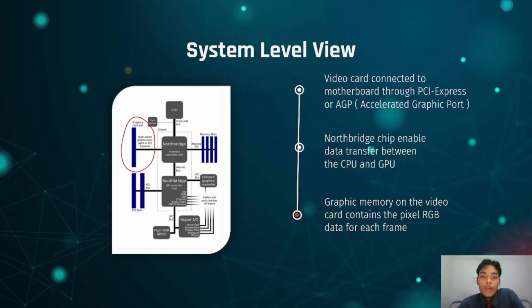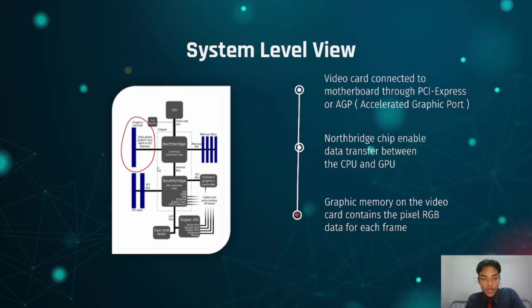So the next one we have the system level view. Here is the diagram for the system level view. The first point: the video card is connected to the motherboard through PCI Express or AGP, the accelerated graphic port. Here we have a circle in the red line, which is the graphic card slot and the AGP or PCI Express.